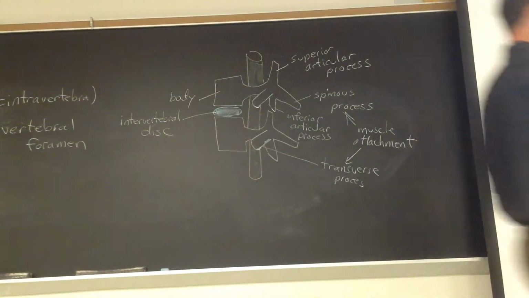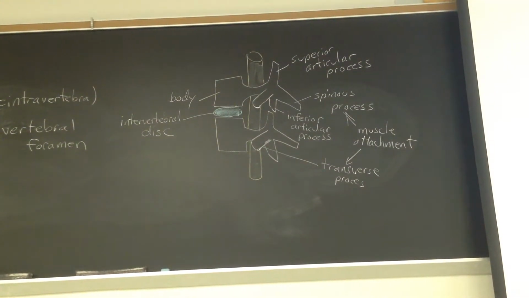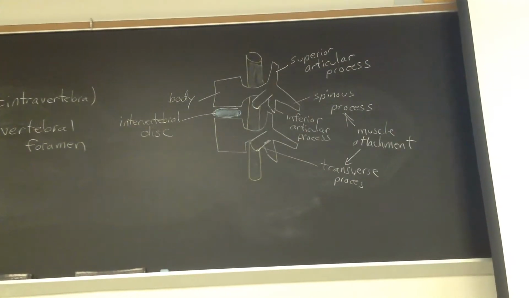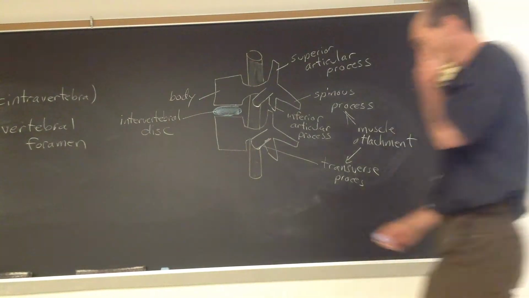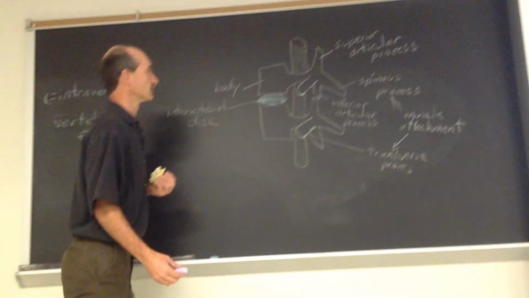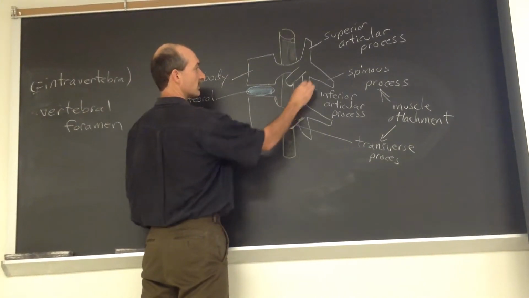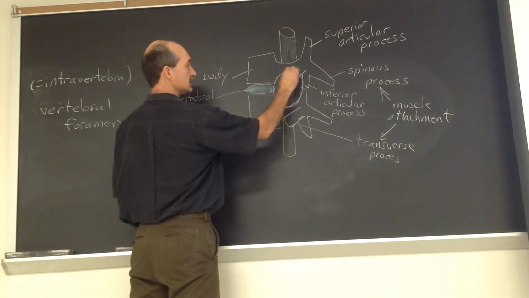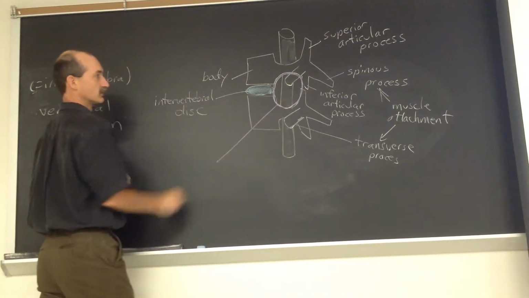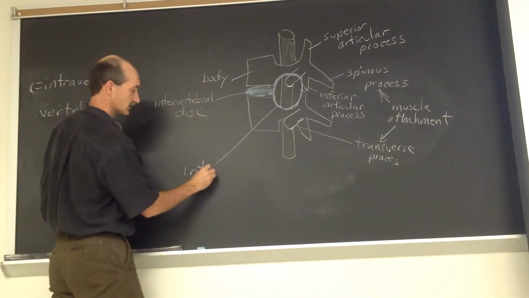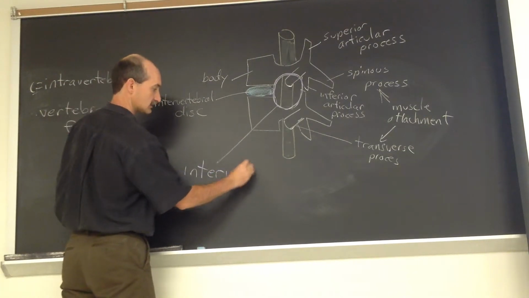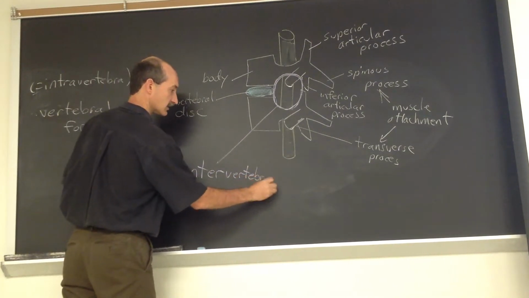The last structure on the list of specific parts of a vertebra is something called an intervertebral foramen. It's more or less an opening right in here. That is called an inter, not to be confused with intra.